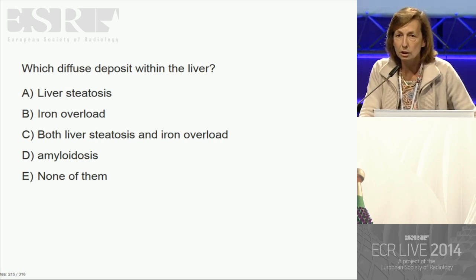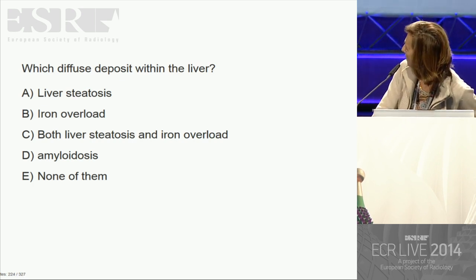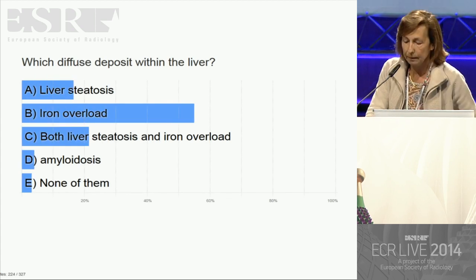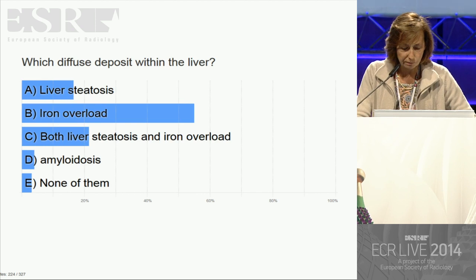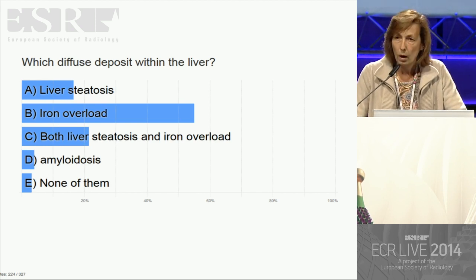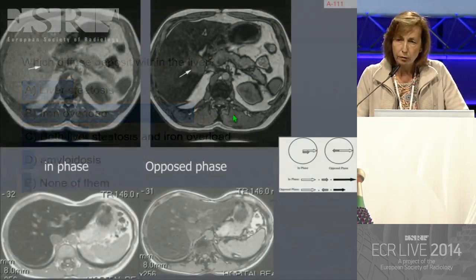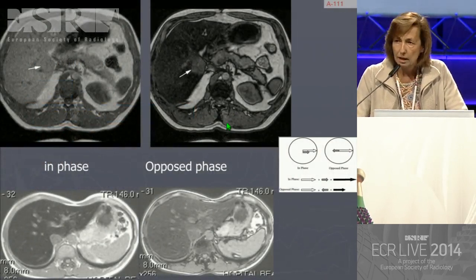Okay, let's have a look at the answers. So, you are right. Excellent answer. Why? Here we have two different patients who had the same MR sequence, in and opposed phase imaging.